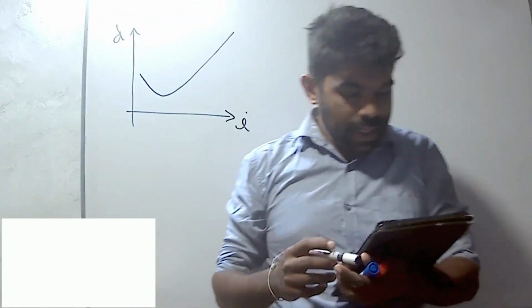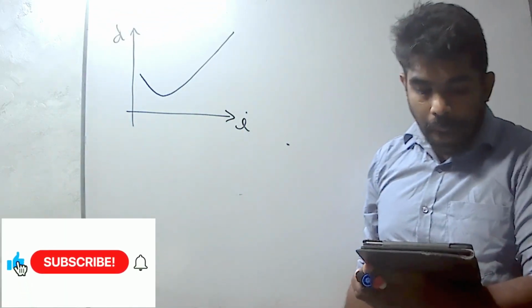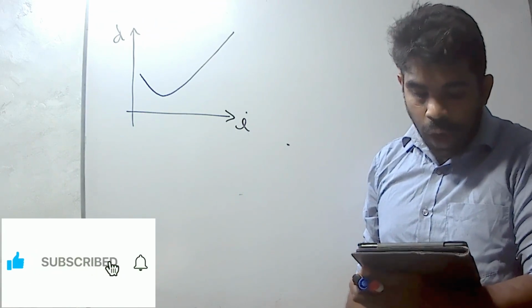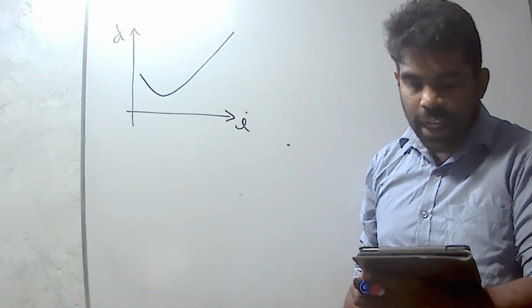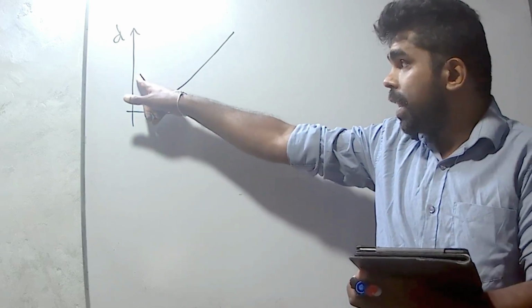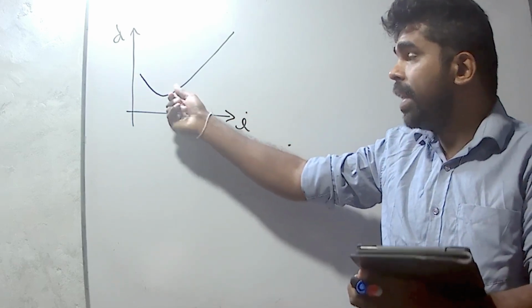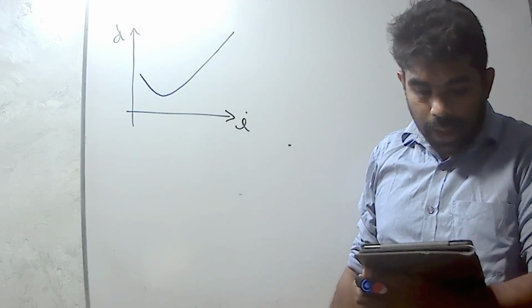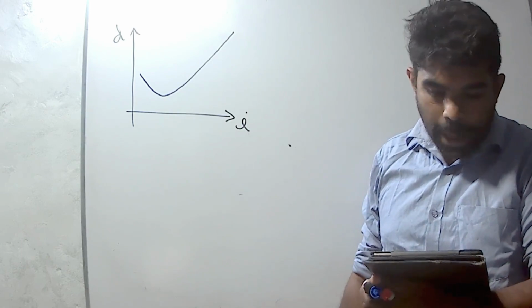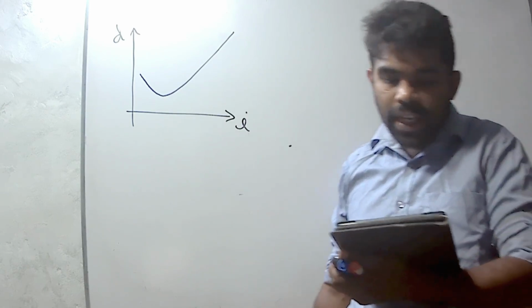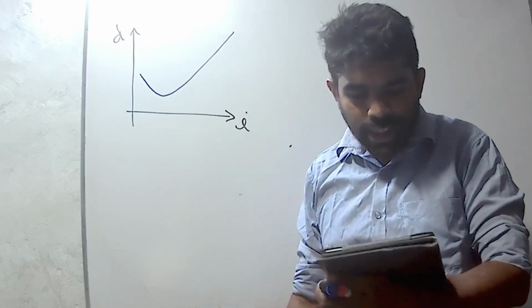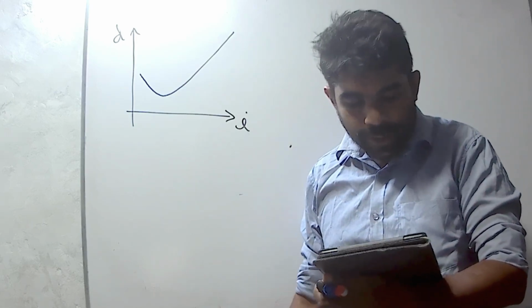Then one is incorrect. Part 2, D always increases with the angle of incidence. No, it is decreasing for some angles and then increasing. It is also incorrect. Third one, D always decreases with the angle of incidence. It is also incorrect.